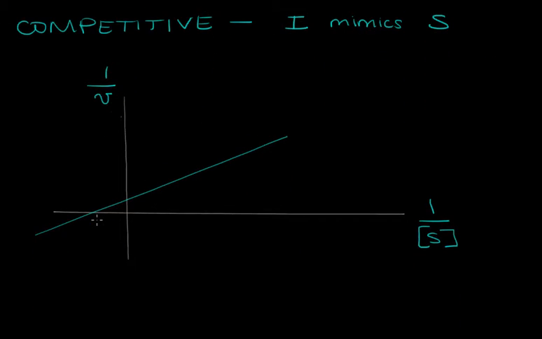So the first inhibitor I want to talk about is what I feel is the most intuitive, and that's competitive inhibition. So in competitive inhibition, the inhibitor, I, competes with the substrate S for the active site.